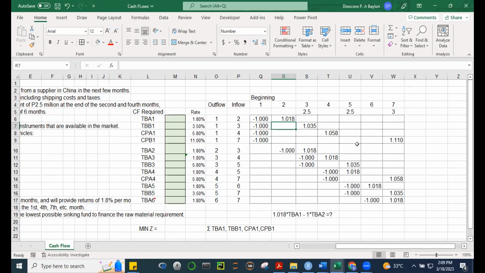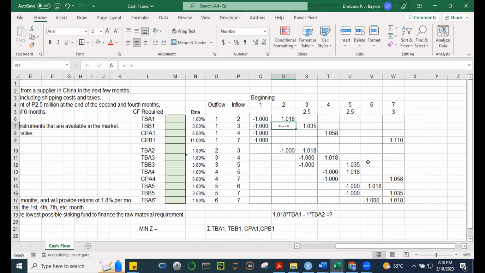So to distinguish between those that are already matured or that have not yet been invested, let's put a symbol here. Let's put just an arrow, 1, 2, 3, there. All right. So what we're going to do is for those that have already been invested but not yet matured, then let's put this sign.